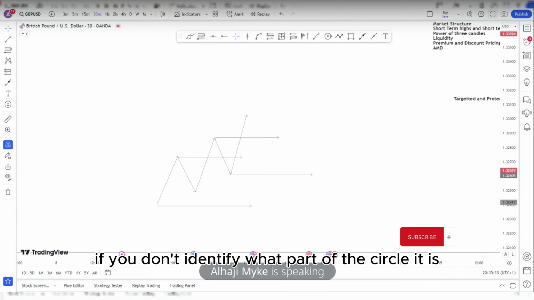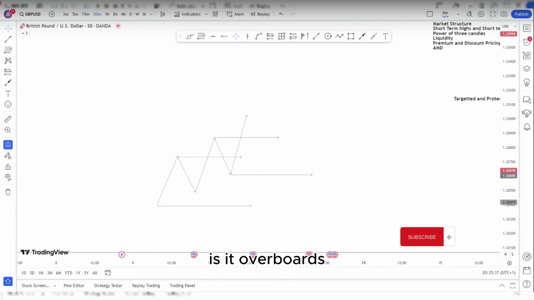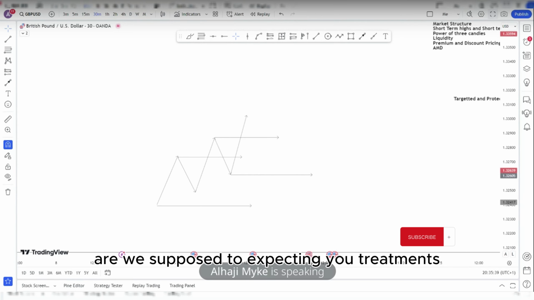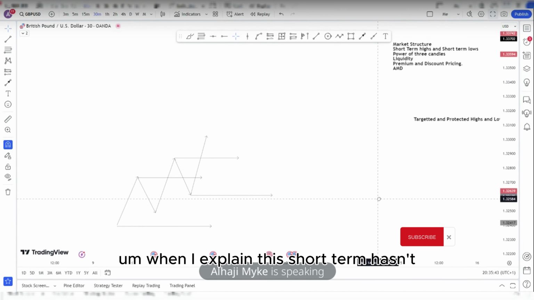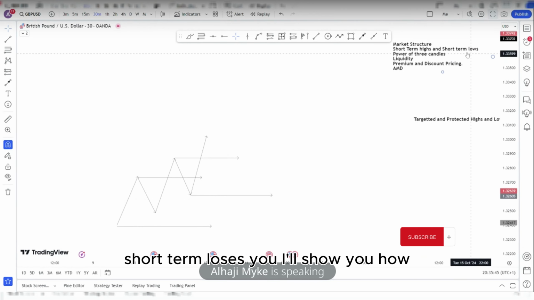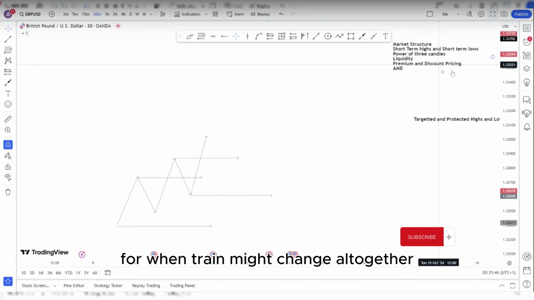Is it overbought? Are we supposed to start expecting a retracement now? If you're expecting a retracement, when I explain the short-term highs and short-term lows, I'll show you how we could use this as confirmation for when trend might change.